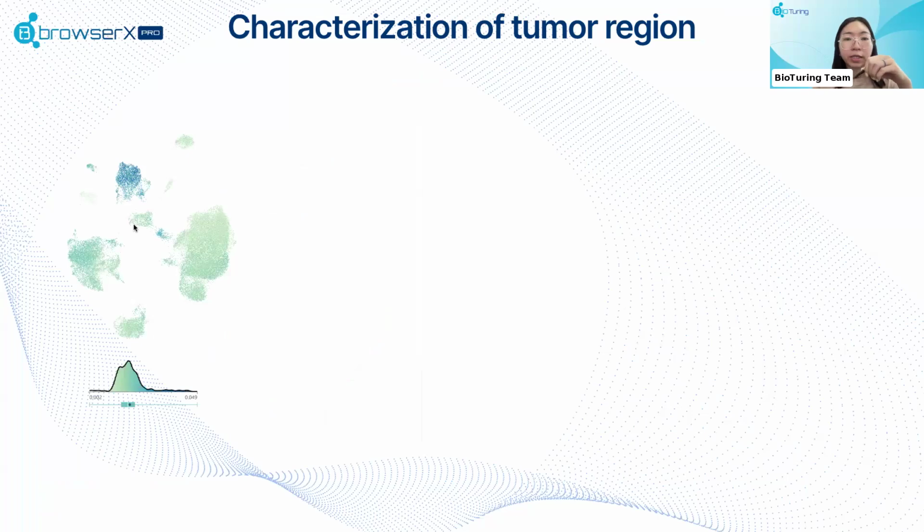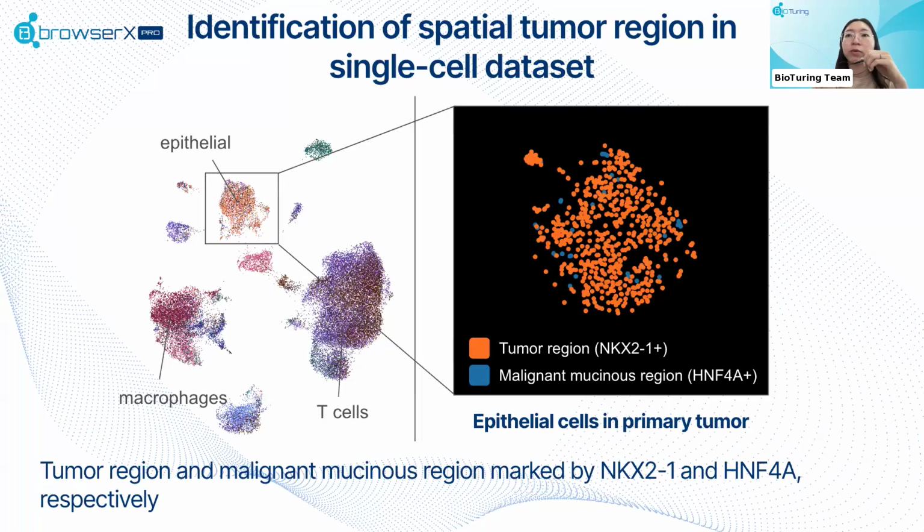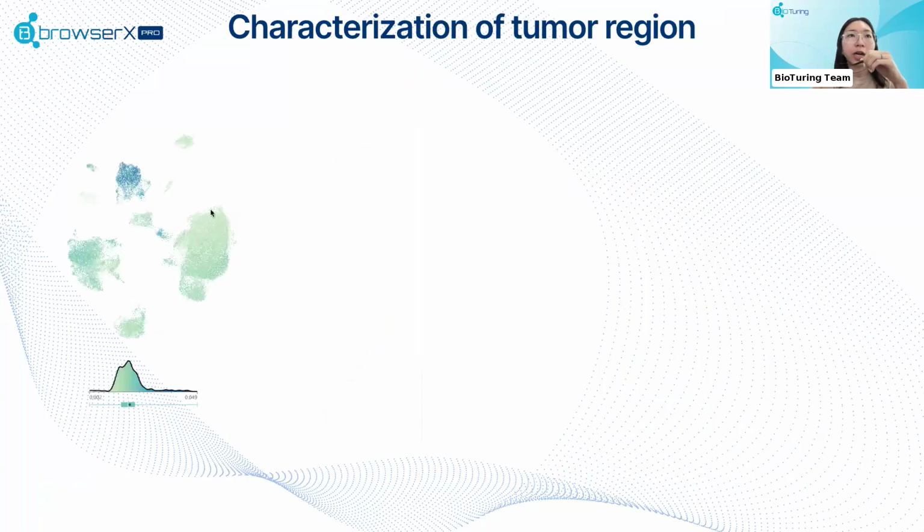Okay, and so next I wanted to characterize just the tumor region even further, because of course we can just use these single genes as a marker for, okay, this is the tumor region or this is the malignant mucinous region. But in order to get a more clear picture of what those regions look like, this is where I actually use the cancer cell prediction tool on our platform.